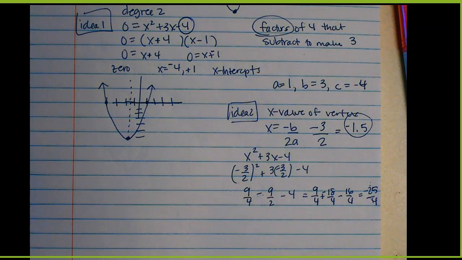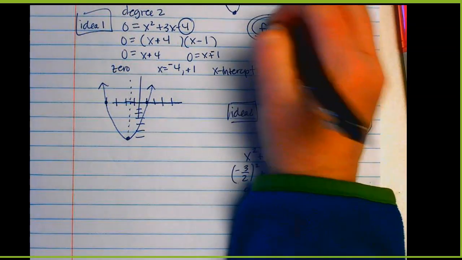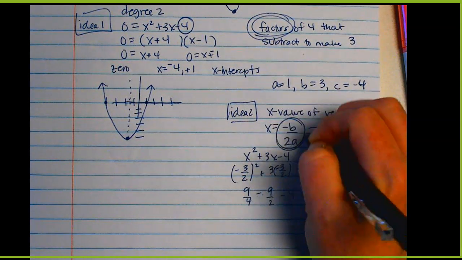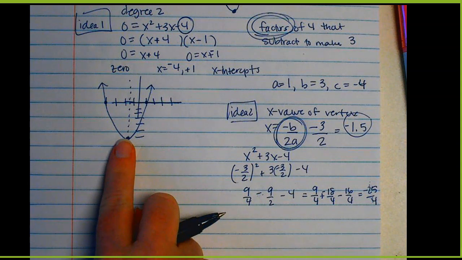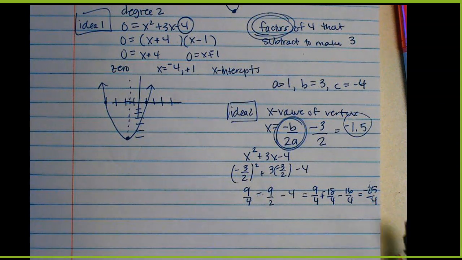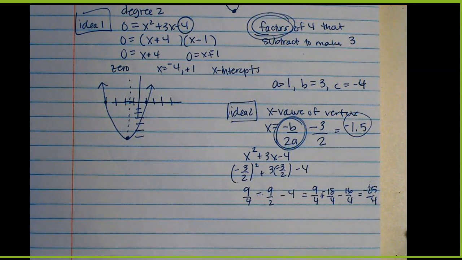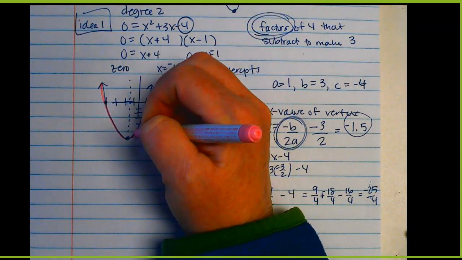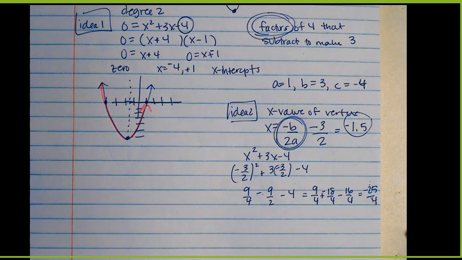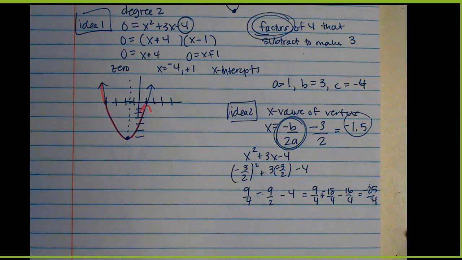So there were two ideas. One of them was to factor, and one of them was -b over 2a. Because if you know this value, you know the vertex. You know where the function is going along, and it's going down, down, down, down, and then it changes direction and starts going up. What was your question, Marco?